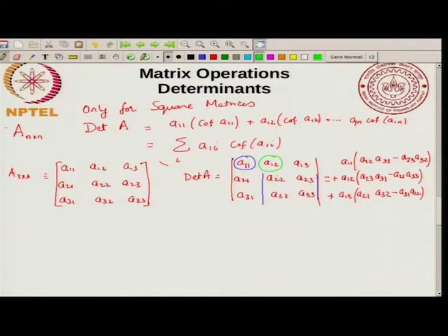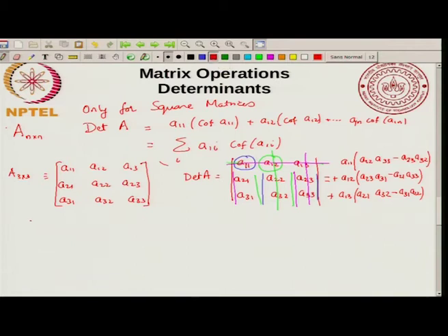So you remove this row and this column, and then I get this determinant, whose value is A23 times A31 minus A21 times A33. Similarly, for A13, I remove this row and this column and multiply it by this factor.